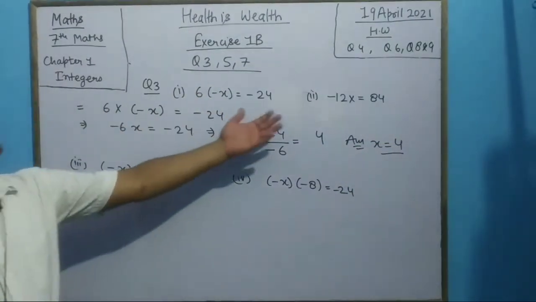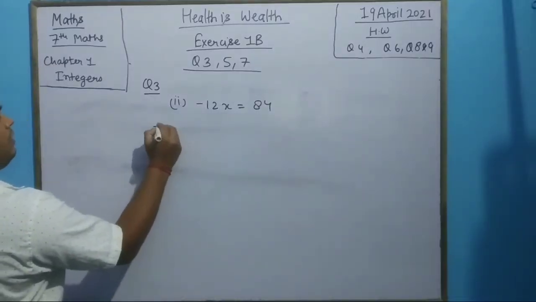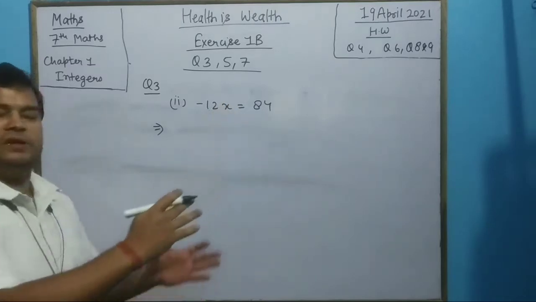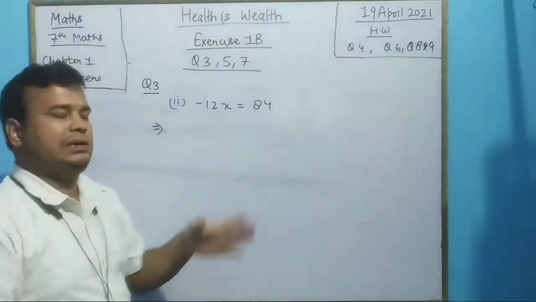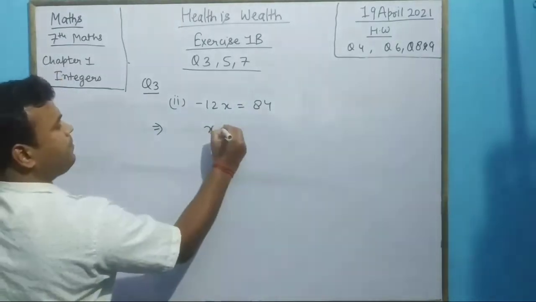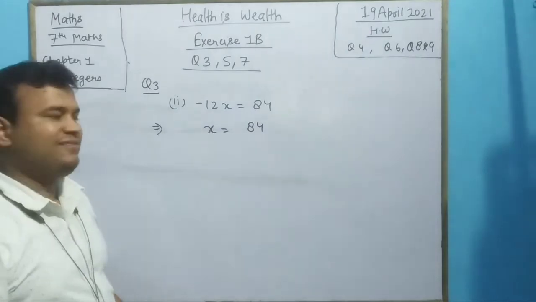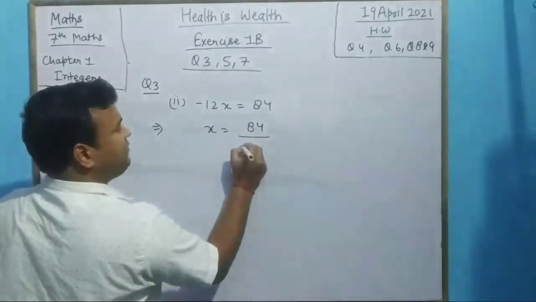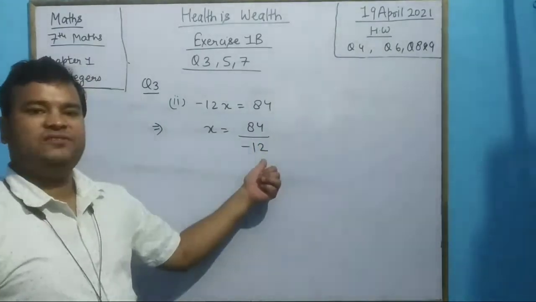Now let us take the second question. Here also we need to shift this minus 12 from the left to the right hand side. It is in multiplication with x. When it is shifted, it will be in division, that is 84 divided by minus 12.